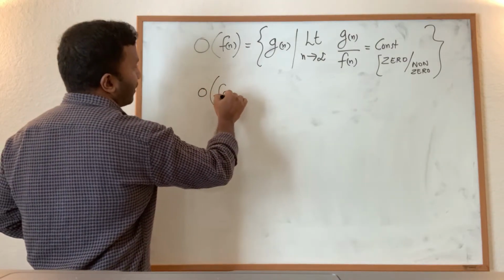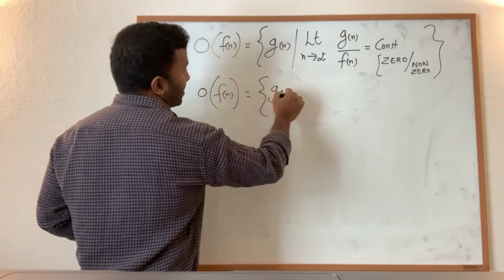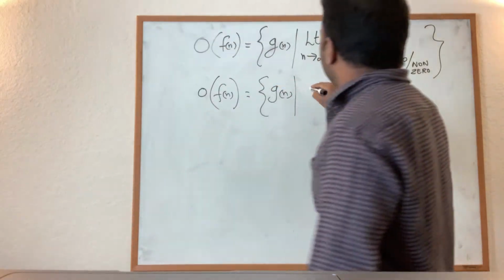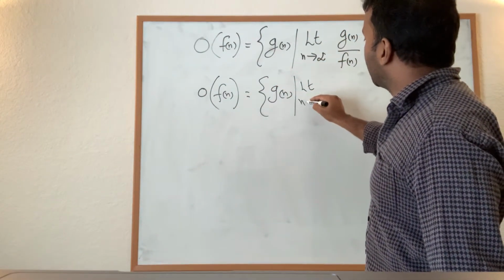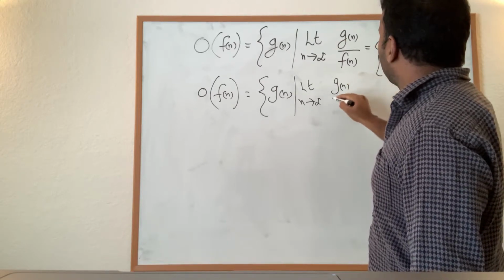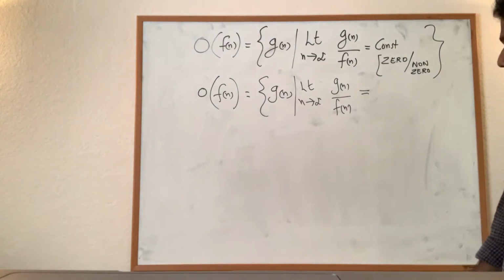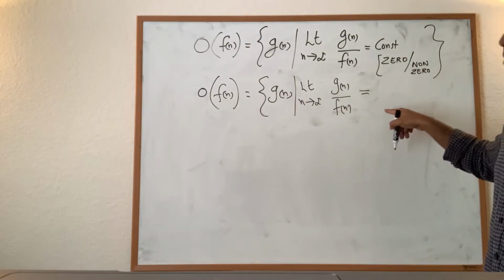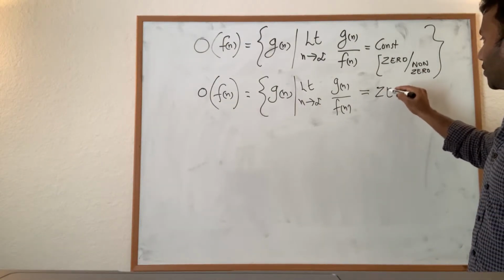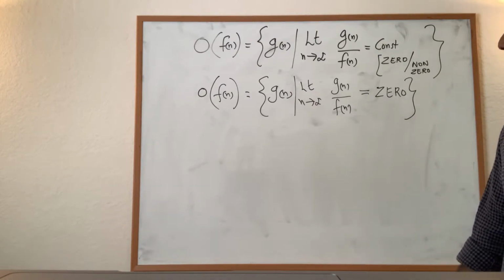Small o of f of n is again the set of all functions g of n with limit n tends to infinity of g of n divided by f of n. We want this to be a constant again, and that constant must be 0. That is called small o of f of n.